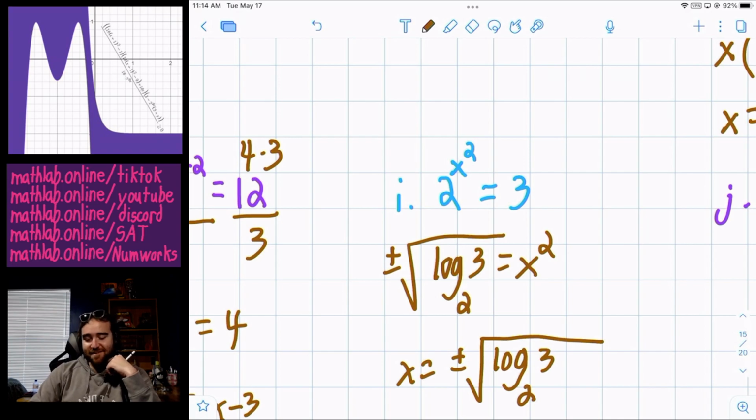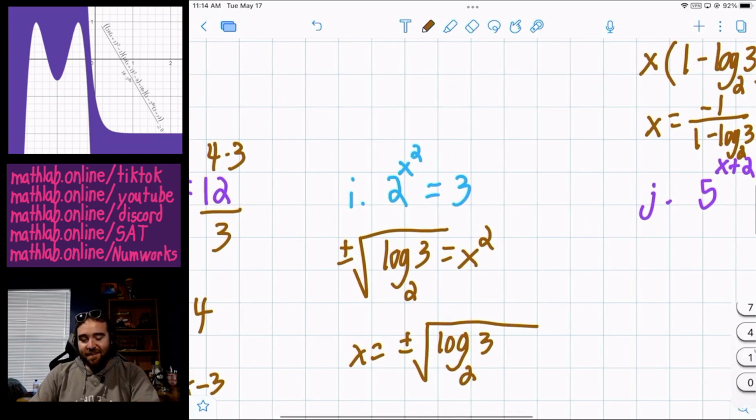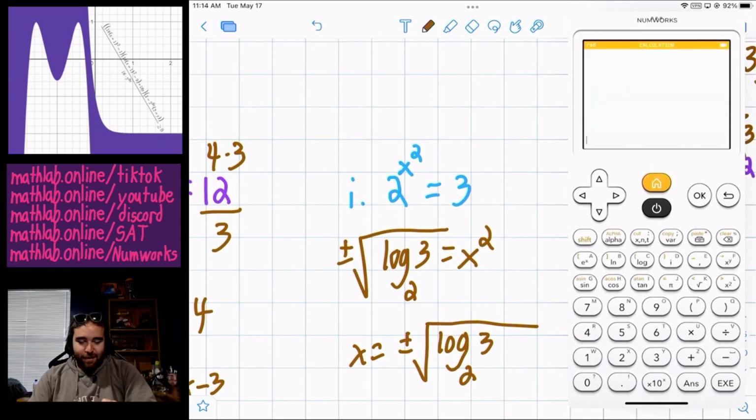Yeah, that's fine. What is that? I mean, that's just like a number between 1 and 2, right? Log base 2 of 3, and then do square root of the answer. Yeah, okay.